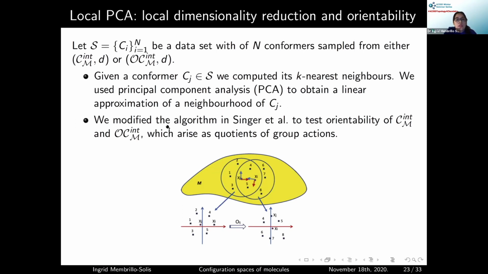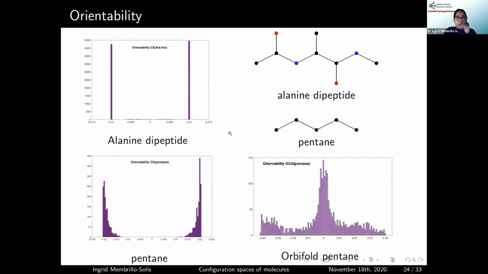And then we modify the algorithm given by Singer and others to test orientability of the internal configurational space and the orbifold configurational space. This algorithm says that if a space is orientable, there are only two possibilities of orientations for each of the neighborhoods.